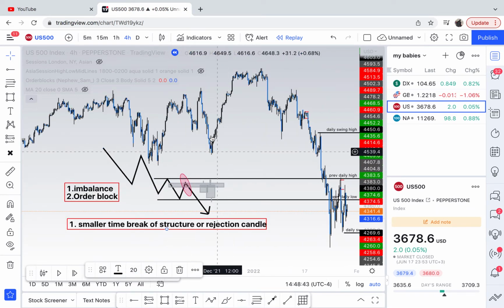After we find out the previous daily high or low, look at my other video for that. We're gonna drop down to a smaller time frame and look for an imbalance or order block. And then once we find that, we're gonna zoom into this area. You can either drop down to a smaller time frame and look for the breaker structure that I showed you earlier, or stay on the same time frame and then look for the rejection candle, either in the form of a pin bar or an engulfing candle or a shooting star.